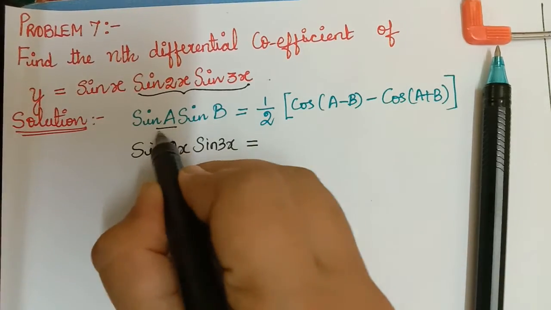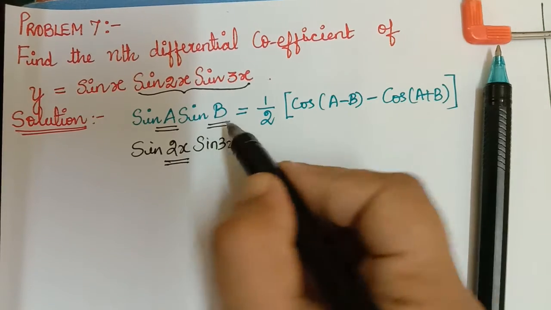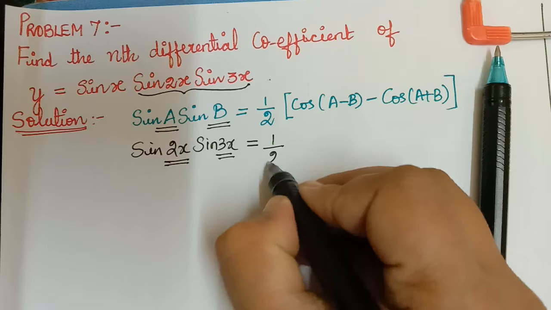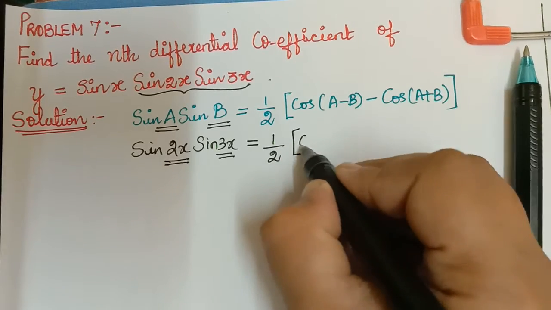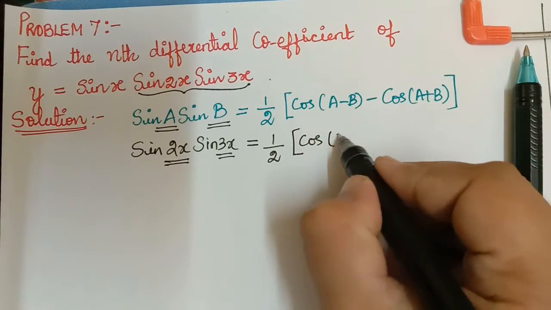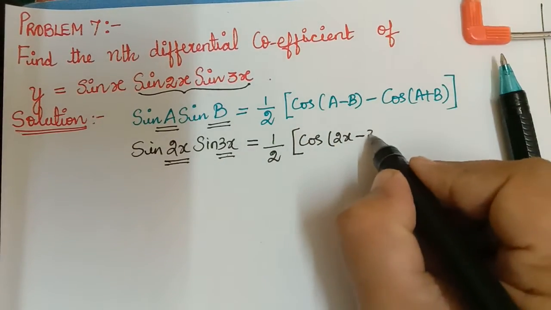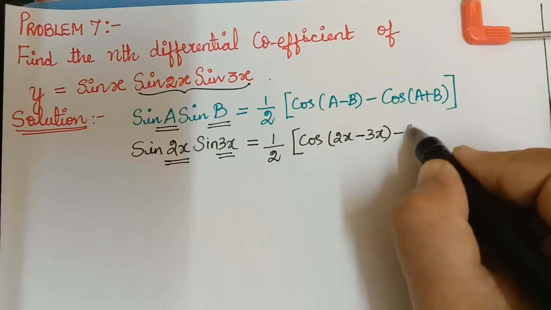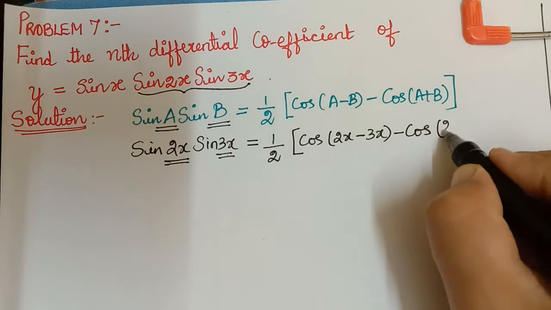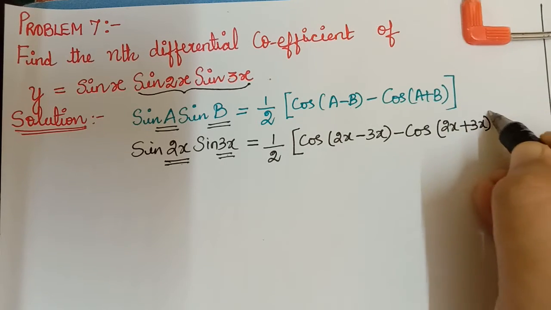Here in the place of A we have 2x and in the place of B we have 3x. So this will be equal to 1 by 2 of cos(A minus B), so 2x minus 3x, minus cos(A plus B), so 2x plus 3x.